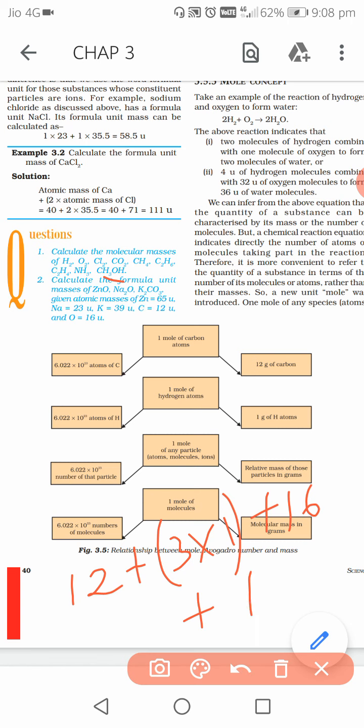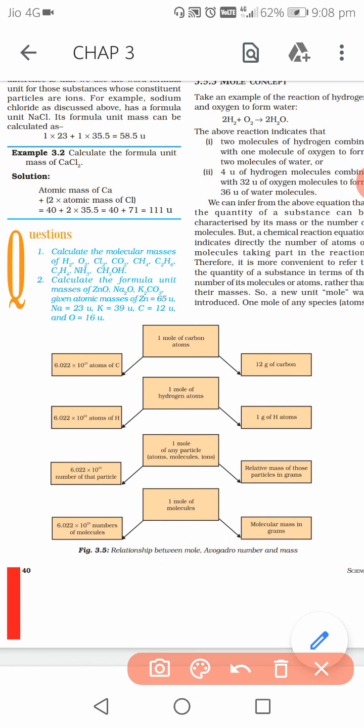So how much will the total be? This is 12 plus 3 plus 16 and 1, 17, so 17 and 3 it is 20, 20 plus 10, 30, 32. This is 32, unit is u. Okay, so I think this is clear.